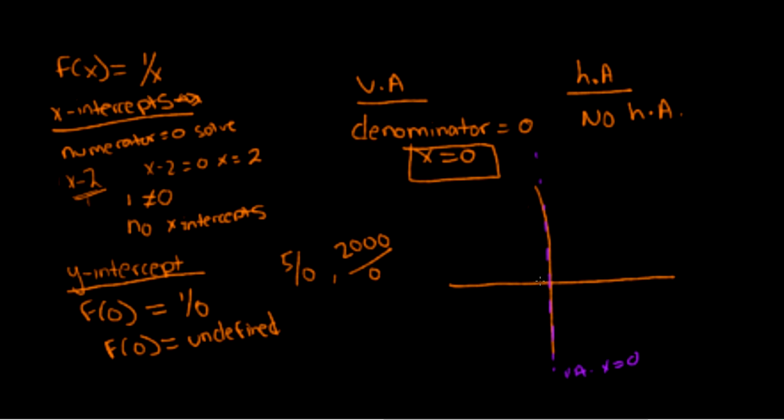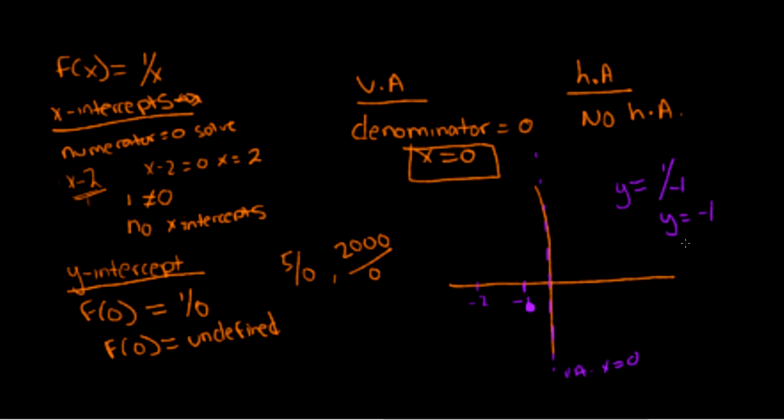So let's plug in -1, -2, and we'll plug in numbers along these lines to see what the graph will look like. 1 divided by -1 is equal to -1. So that's the point right here. Now we're trying to find the y point, so y is equal to 1 over -1. Y is equal to -1.